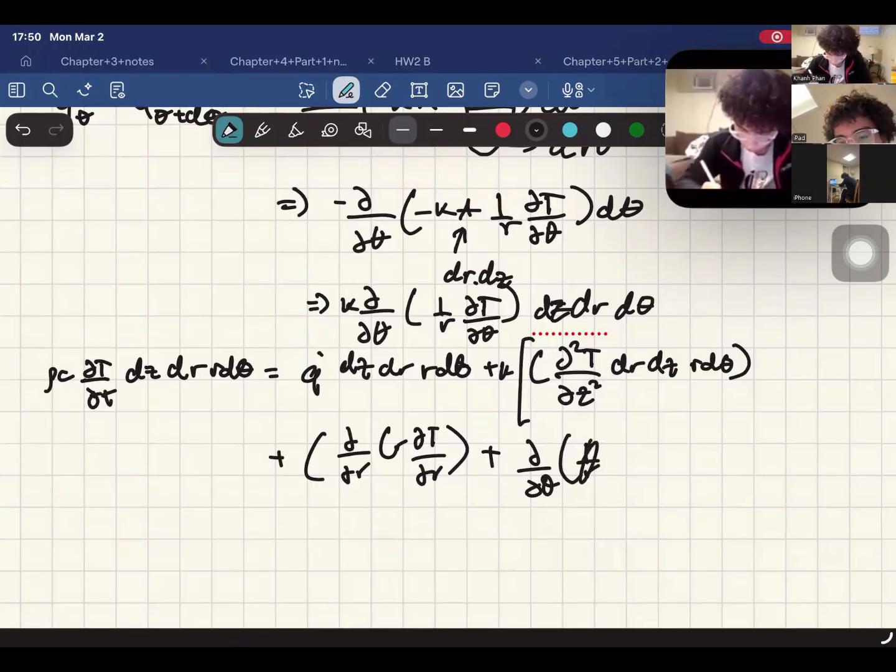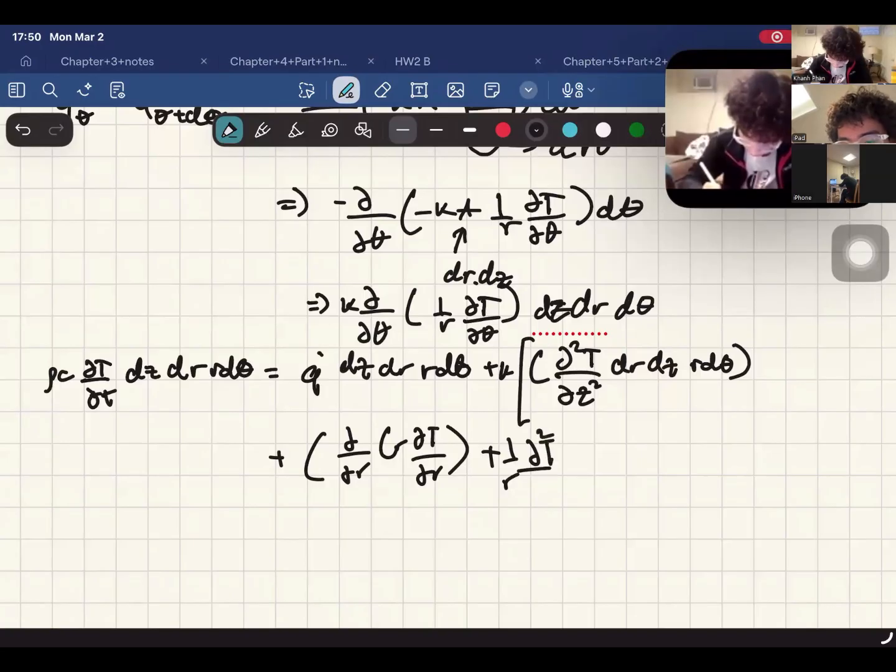Since 1 over r is a constant, we're going to take it out in the front anyways. So it would just be a second derivative of T, and then dz dr d theta.